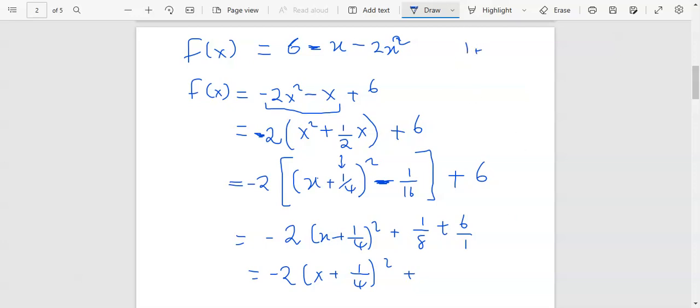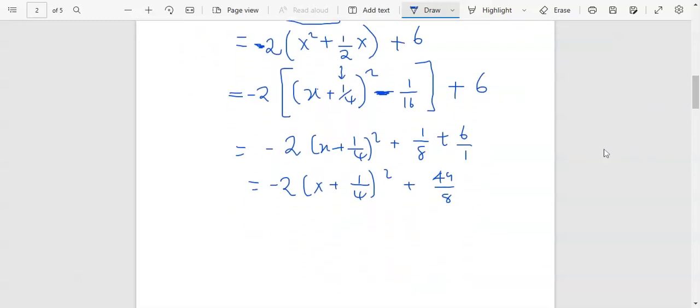What do we get, 8 times 6? 48. And then we divide by 8 times 1, which is 8. It is giving us 49 over 8. Meaning that for this function, what is going to be the turning point?